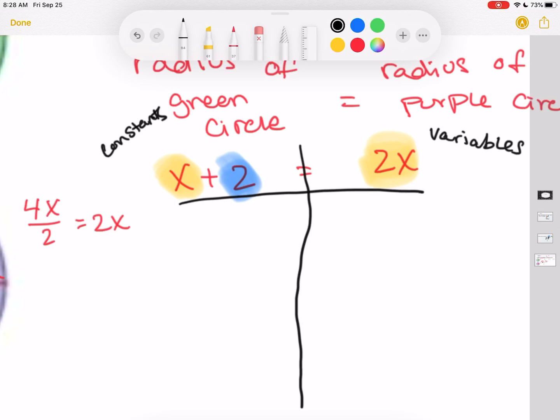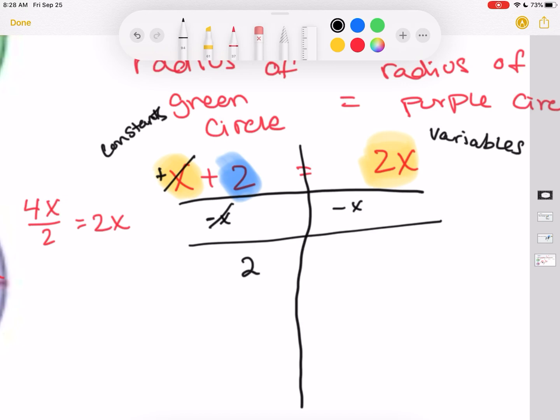So I have to get rid of that x. How do I get rid of that x? This is a plus x, a positive x. I'm going to subtract x on the right, so I subtract it on the left. And x plus 2 minus x, my x's cancel out. I'm left with 2 on the left.